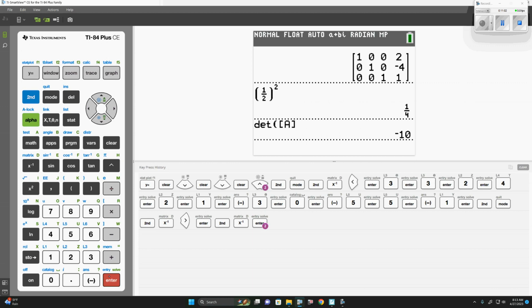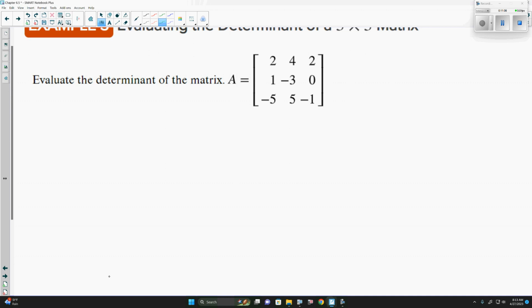Now, especially if you get zeros here, this can be somewhat of an easier way to do this because we're looking at determinants of 2 by 2s, which are actually not too bad compared to a 3 by 3 using the diagonal method. But the graphing calculator does make this a little bit easier. We could have done this also with the rows, because I could have picked the middle row and done the same thing.